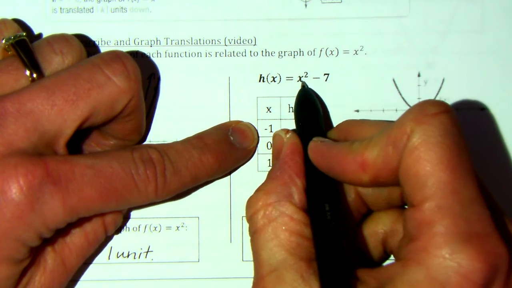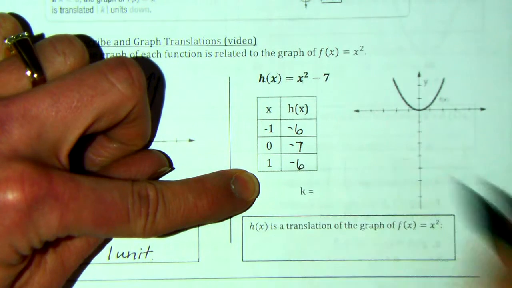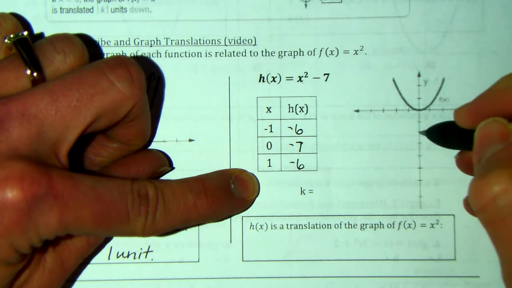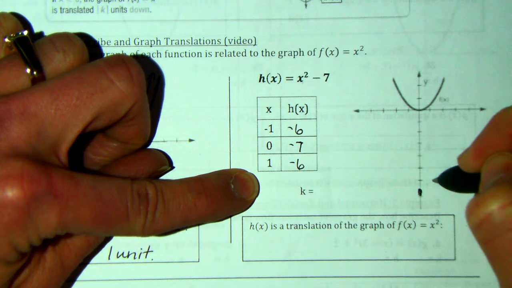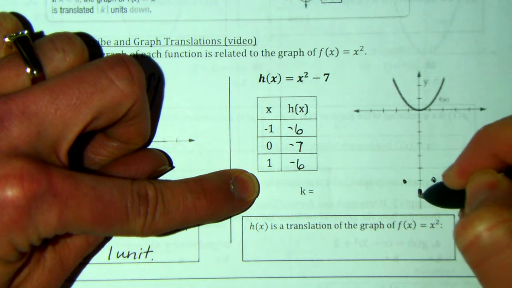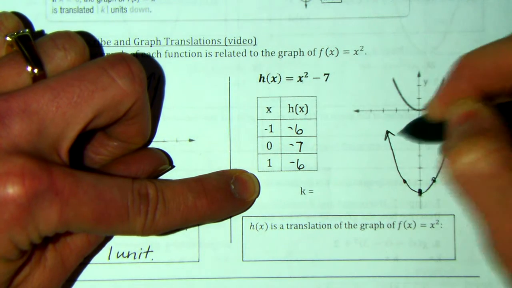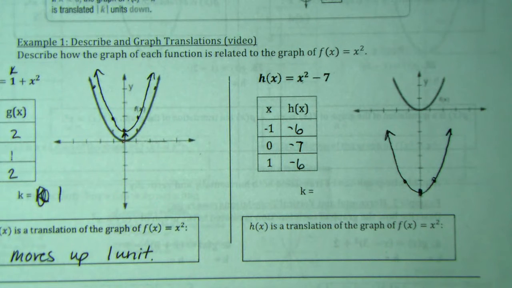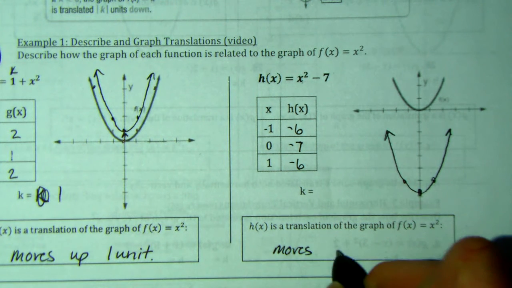So 1, 2, 3, 4, 5, 6, 7. And I'll do my best to draw it exactly like it is, because it doesn't actually change the shape. It's the same thing, just slides it up or down. So that translation moves down 7 units. And I'm just going to call them units, but just know that that's notches in your graph, okay?